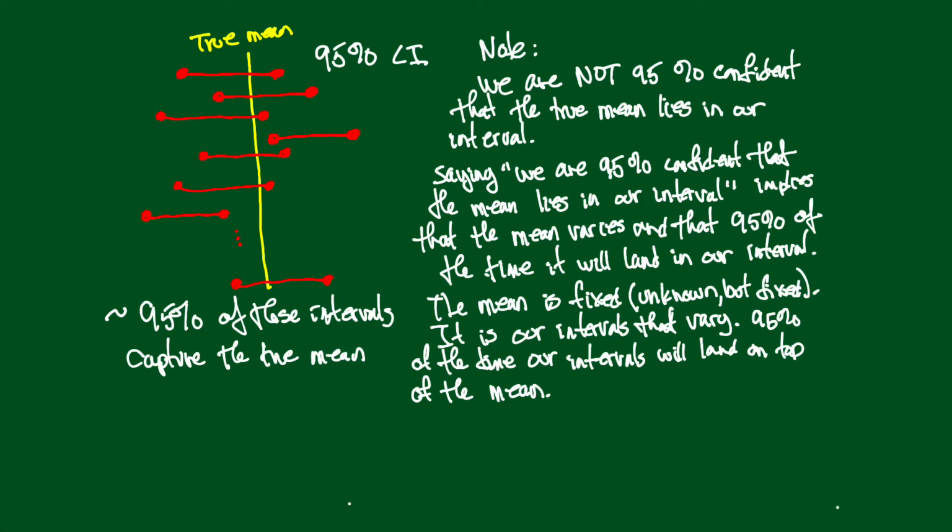The mean is fixed. What's bouncing around are our intervals. If I take a sample, I get one interval. If I take another sample, I get another interval. So our intervals are the thing that's bouncing around, and we're saying 95% of the time our intervals will actually land on top of that true mean.